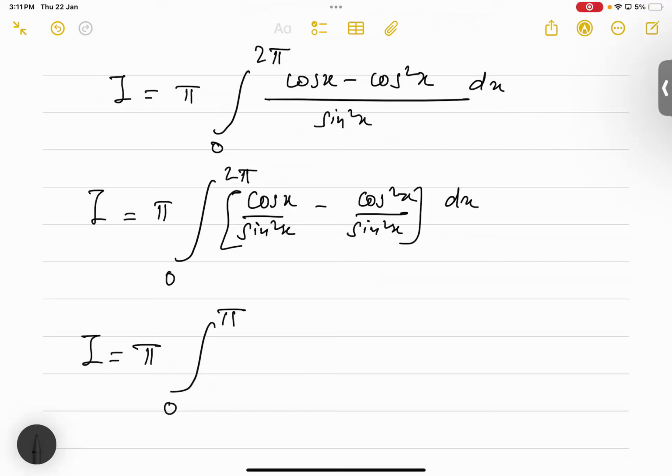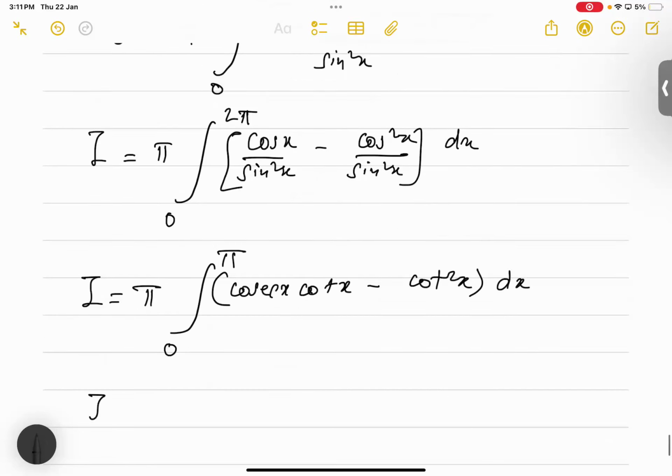What is cos upon sin square? Cosec x cot x. And this is cot square x. Guys, what to do with cot square x? It is cosec square x minus 1. I don't think you know this.